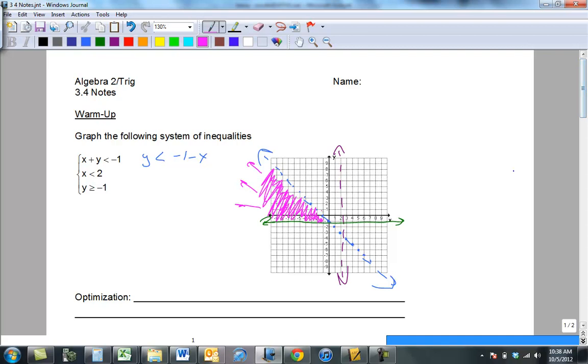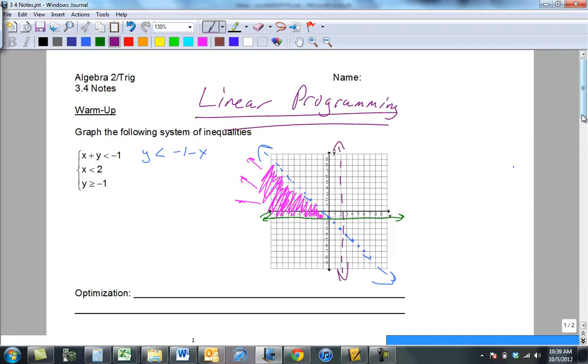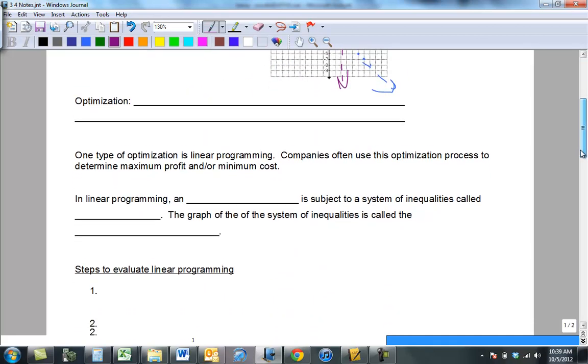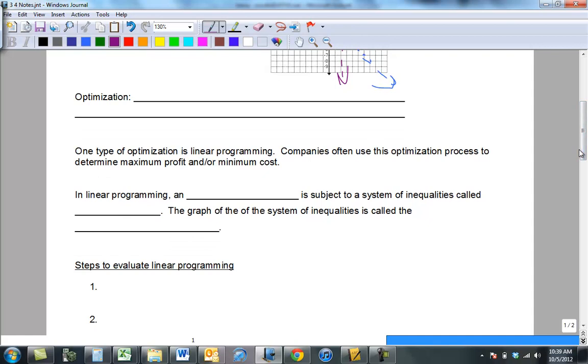Well, we're going to use this stuff today to talk about what's called linear programming. That should be the name of today's lesson. Linear programming. And what we're going to do is use systems of inequalities to optimize stuff.